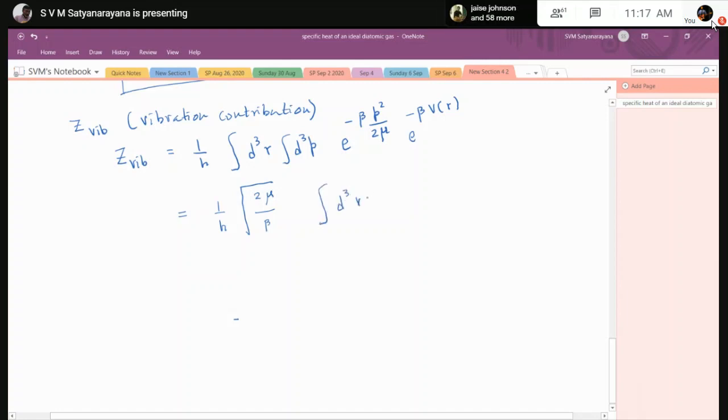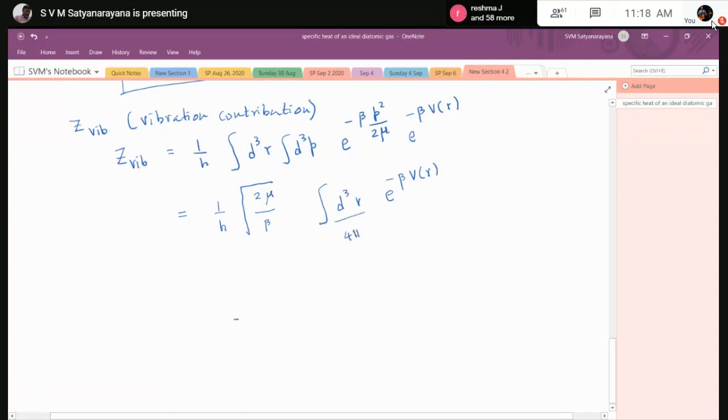And of course I have d3r into e to the minus beta V of r. Now this can be written as 4 pi r square dr, because this V depends only on r.